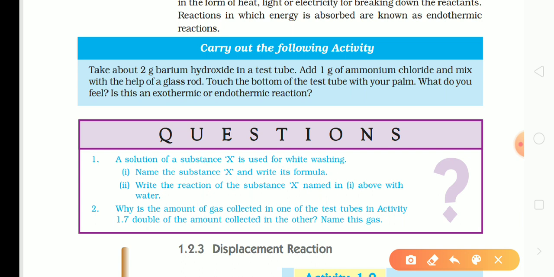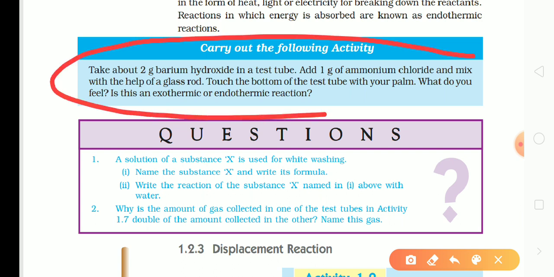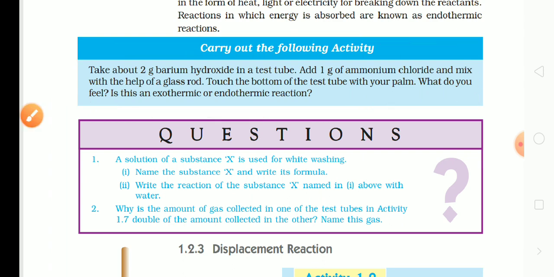After mixing barium hydroxide and ammonium chloride, if you touch the bottom of the test tube, it would be really cool, really chilled in fact, because it's an endothermic reaction. For this mixing process, they would be taking some heat from the surroundings, from the test tube, from the surrounding solutions. Because of that we would feel it is really colder.